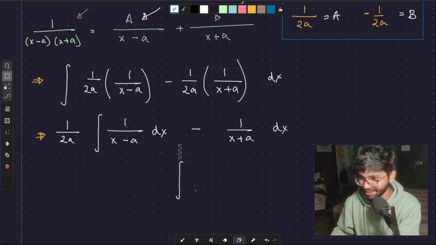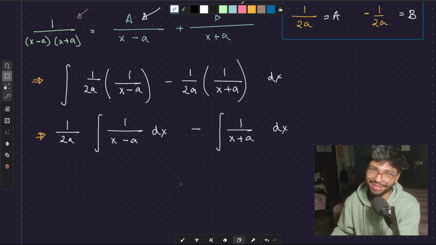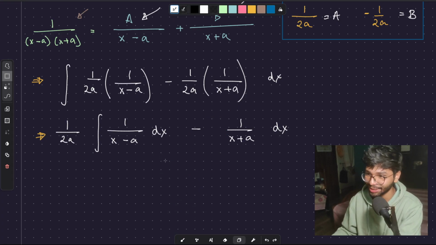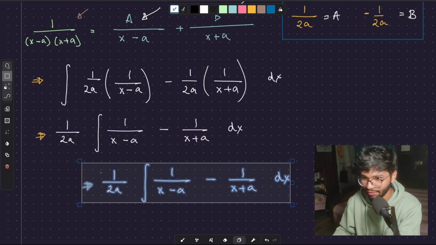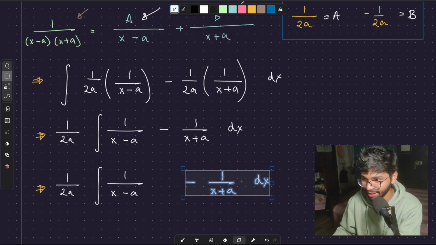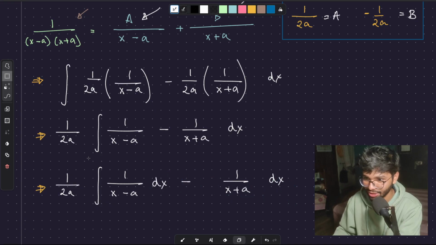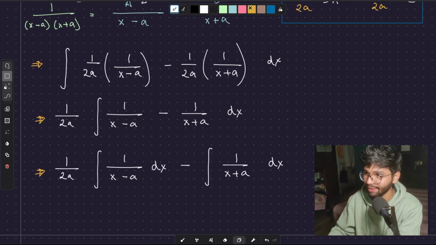This one is just that. Again, I should have done that on a different line, because otherwise you forget what's being done, right? Let's just copy and paste. So we have this one.